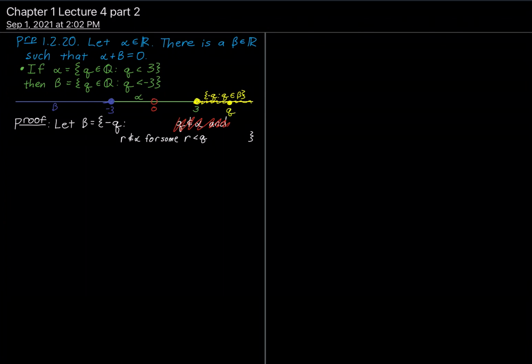Here is our Q. Here is our R. And then here is negative R. And here is our negative Q. And this complication, this bringing in this number R, is precisely to take care of this case where alpha is a rational number, to make sure that when you flip it around, you get a cut.